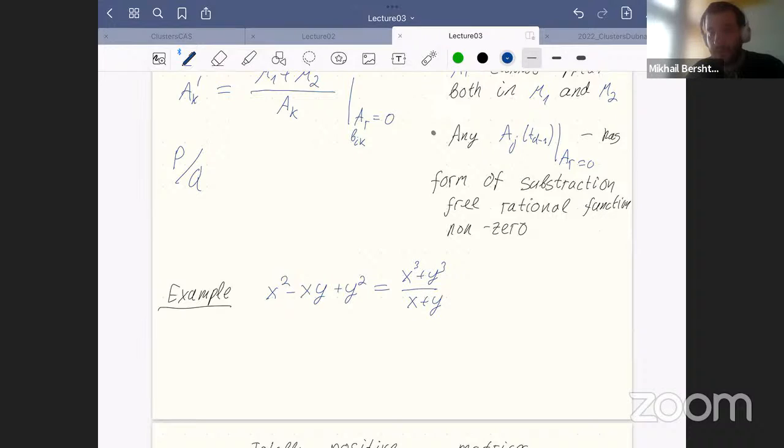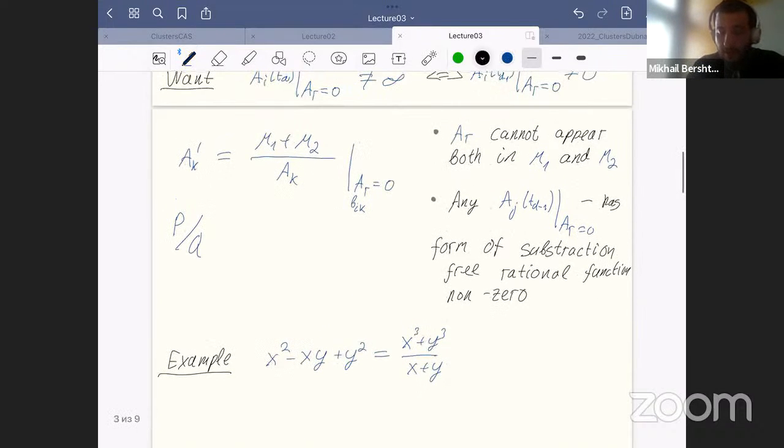So to be a subtraction-free expression is not an absolutely obvious condition. In particular, it does mean that you cannot write any formula with minuses. But in particular, it means that for positive values of variables, the value of the corresponding function is positive. Okay. Are there any more questions?